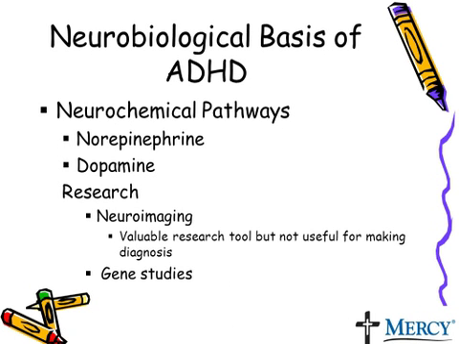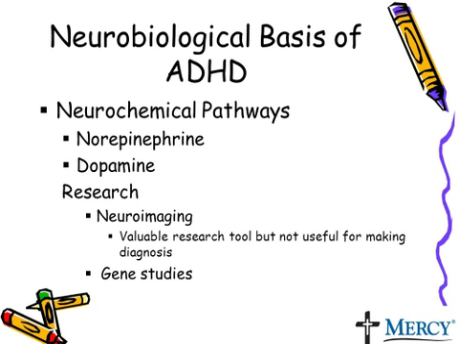A lot of the research being done is in the area of neuroimaging. There are many scans, MRIs, PET scans, and these scans show decreased activation in parts of the brain that are instrumental in helping attention and impulse control.